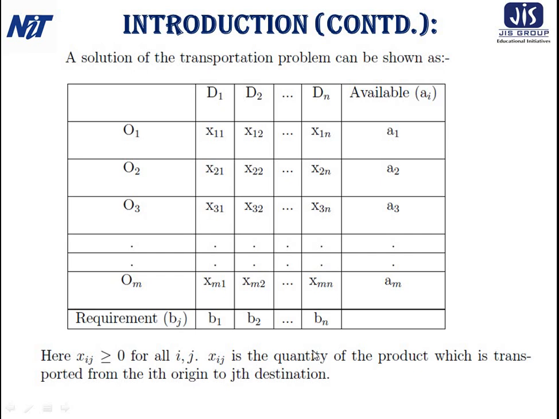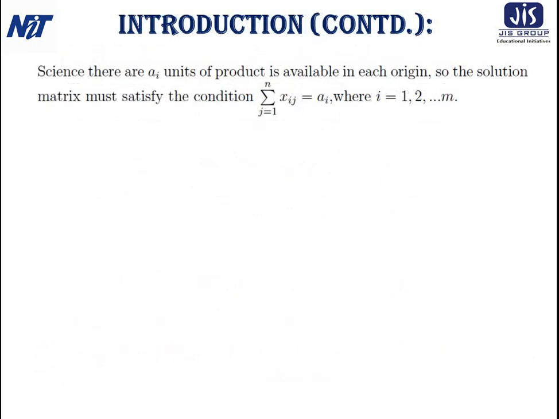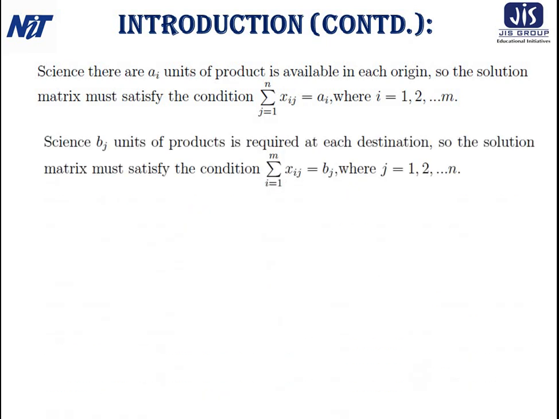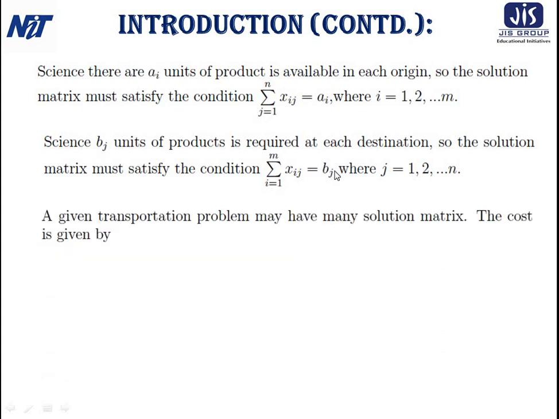So obviously xij will be greater than or equal to 0. So either we cannot supply any unit to a destination, or we have to supply a positive number of unit, because the number of unit cannot be negative. So obviously summation of xij over j will be equal to ai, and summation of xij over i will be equal to bj.